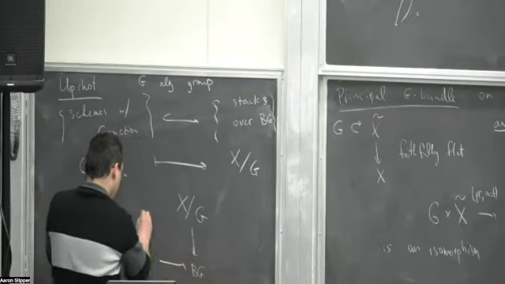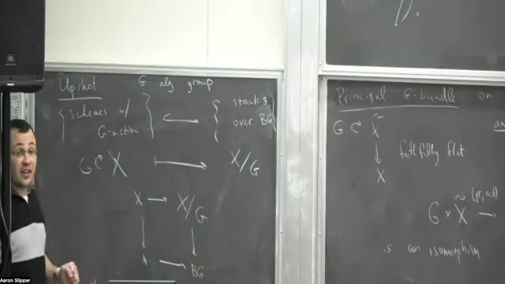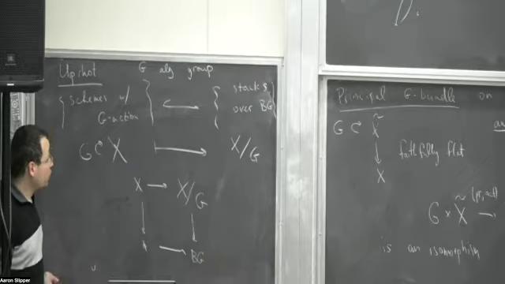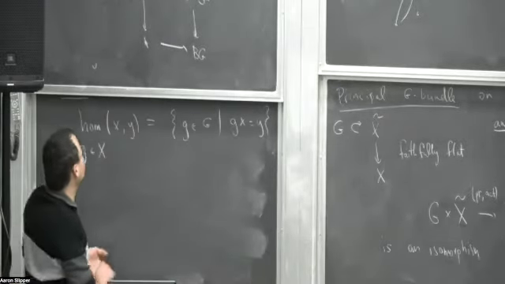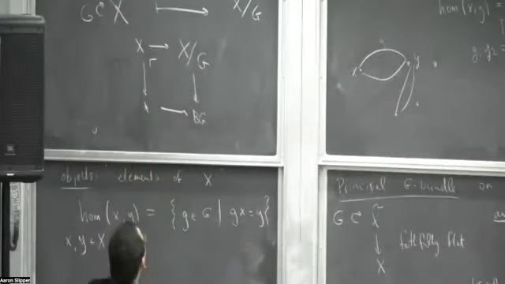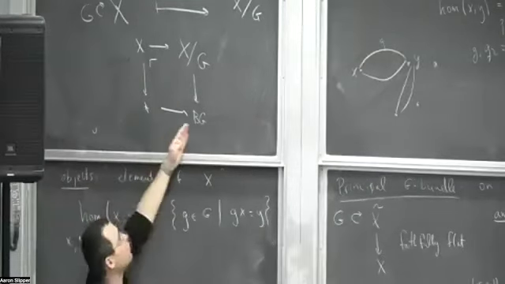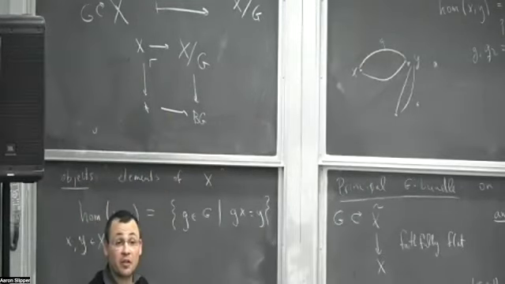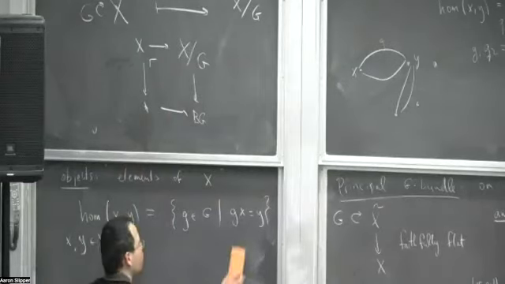You take the point, you take this fiber product, and what you get is exactly X, the original. This is a Cartesian square of stacks, and again this is characterized by the idea that if you take this fiber product, the resulting thing is a scheme. That's what characterizes the essential image here.